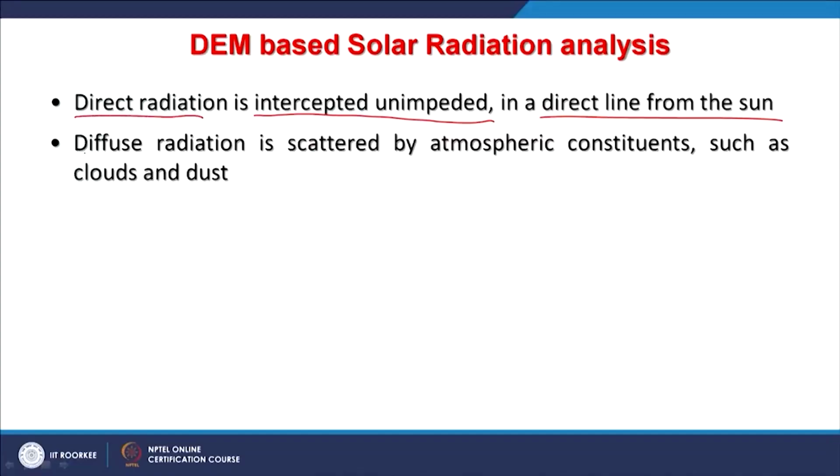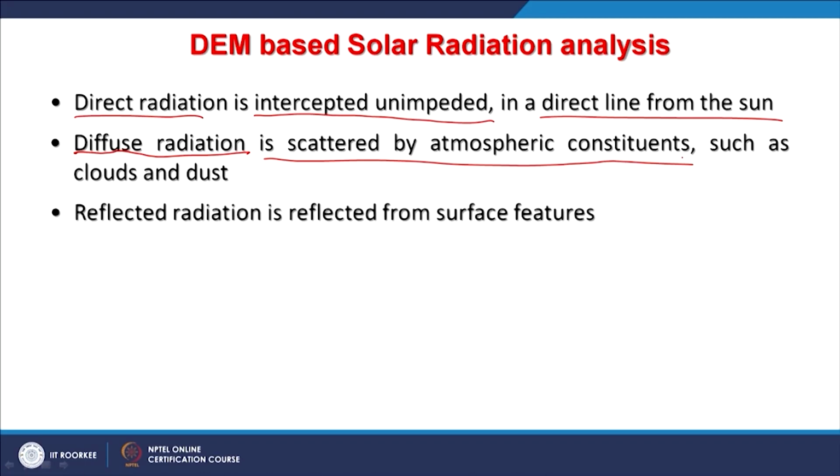Nonetheless, instead of direct radiation, we are getting diffuse radiation, which is scattered by atmospheric constituents. There may be many constituents: clouds, dust, gases, and many other components, and dust particles of different sizes.